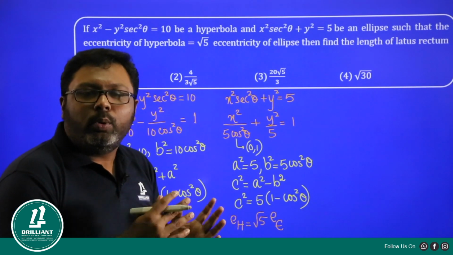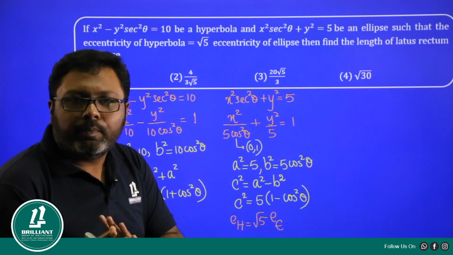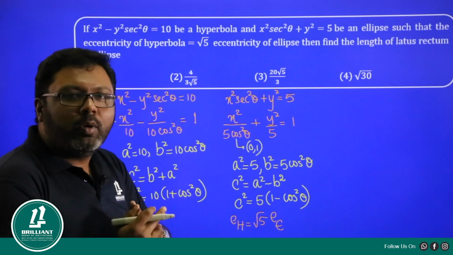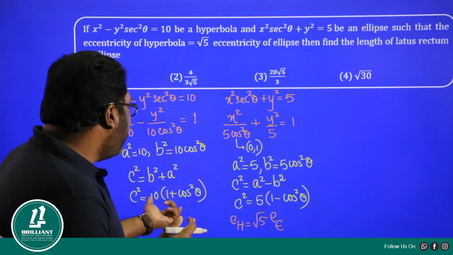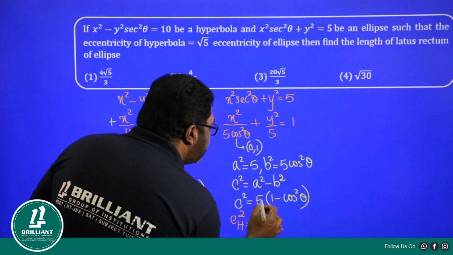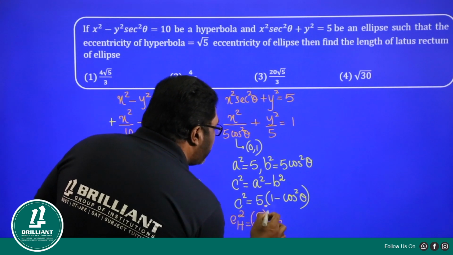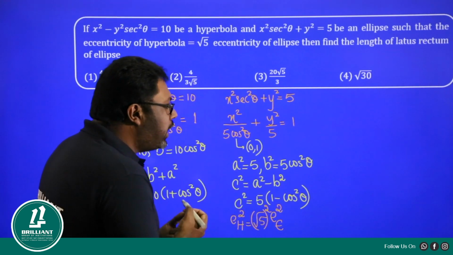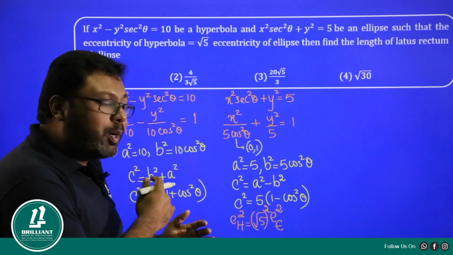The eccentricity formula for both cases is c by a. For the hyperbola, squaring, eccentricity squared is root 5 squared into the eccentricity of the ellipse squared, so that square root can be avoided.